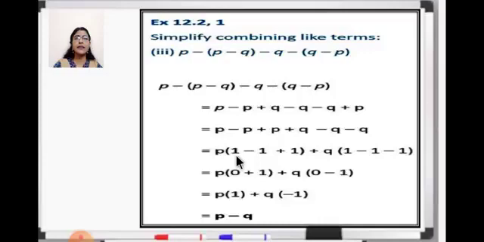And then we'll solve it. 1 minus 1 is 0, 0 plus 1. And here also 1 minus 1 is 0, minus 1. And then we will get P1 plus Q(minus 1), and when we rearrange it, it will be P plus and minus, it will become minus. So P minus Q is the answer.